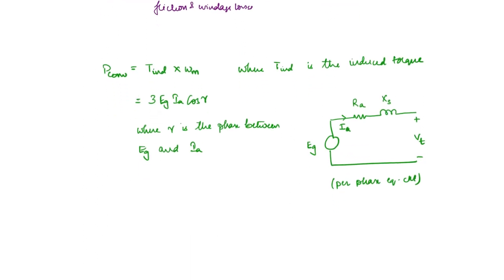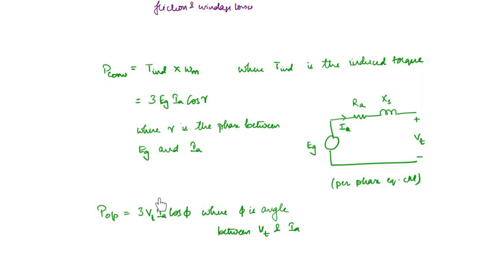Now what about the output power? P output is equal to 3 times the terminal voltage into armature current into power factor, 3 VT IA cos phi, where phi is the angle between terminal voltage and armature current.